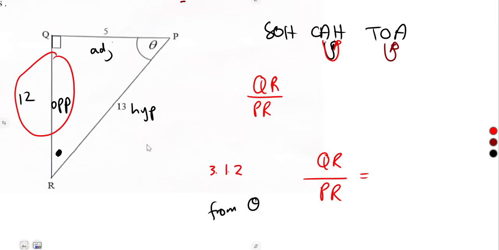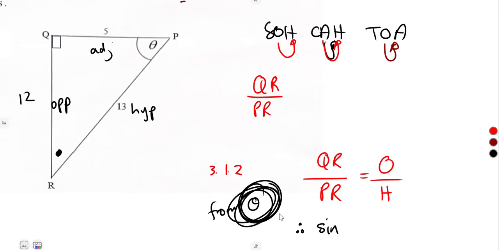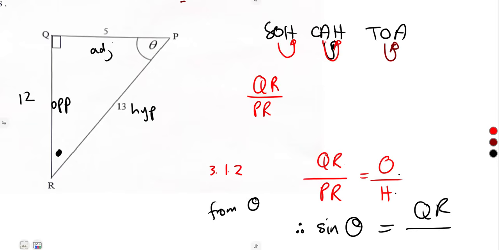QR is our opposite over what? PR. PR is hypotenuse. Which ratio has opposite over hypotenuse? That's a sine. Opposite over hypotenuse. It's what? Sine of theta. So therefore, it is the sine of the angle that you took that one from, the sine of theta, which gives us opposite over hypotenuse, which is QR over PR.